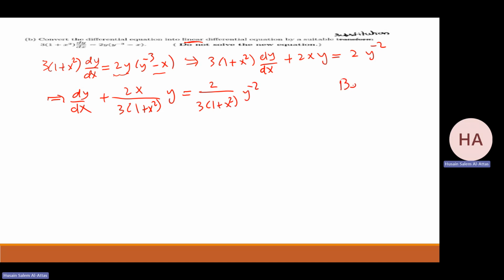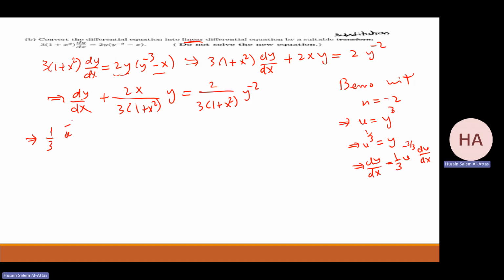Now it's very clear, Bernoulli, with n equals minus 2. So let u equal y to the power 1 minus (minus 2), which is y cubed. So u to the power 1 over 3 equals y. So dy over dx will be 1 over 3 u to the power minus 2 over 3 du over dx.